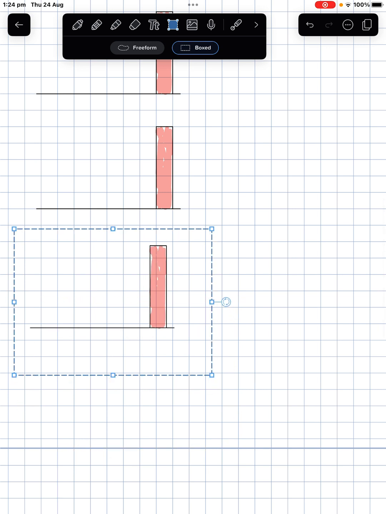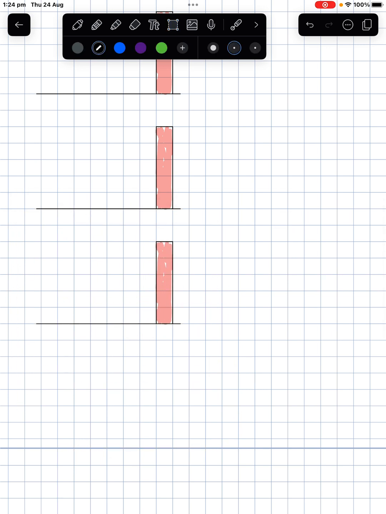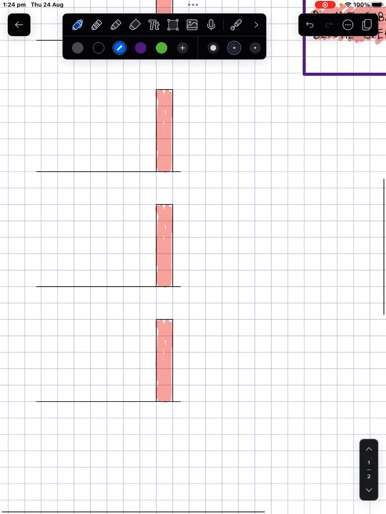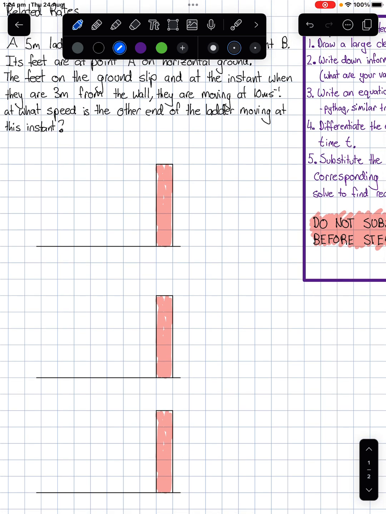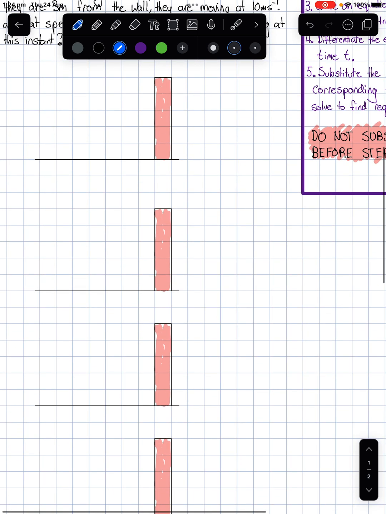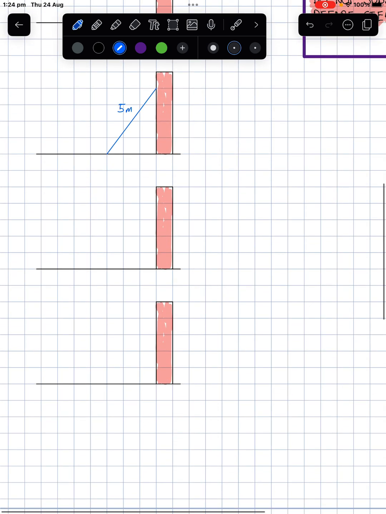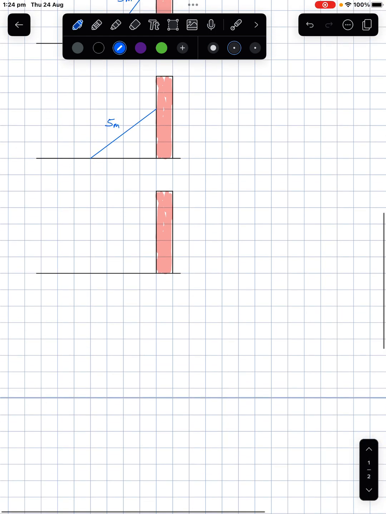We've got 4 of these, and the reason I've picked 4 is because there's 4 easy measurements that I can do. So the ladder's 5 metres. I'm going to do these first 2. If the ladder's 4 up and 3 across, this would be our ladder, and this is 5 metres here. So the blue represents our ladder. And then on the next one I'm going to go 3 up and then 4 out, and that's our 5 metre ladder there.